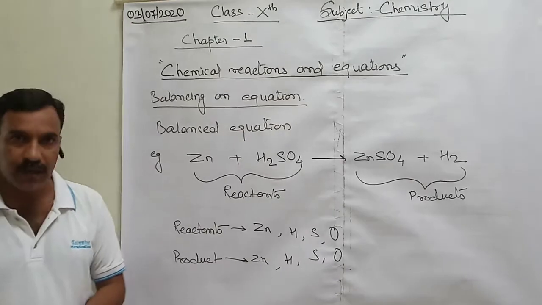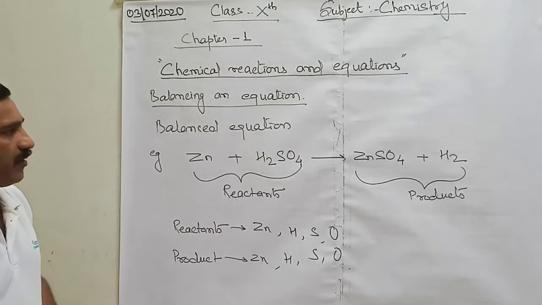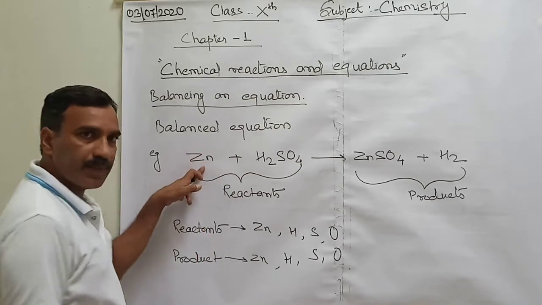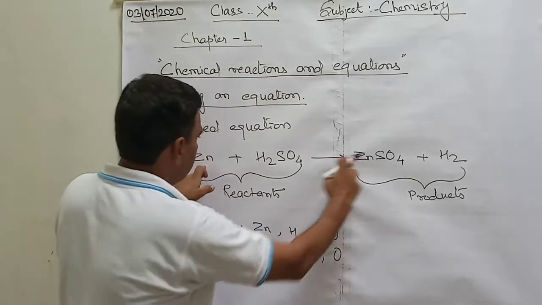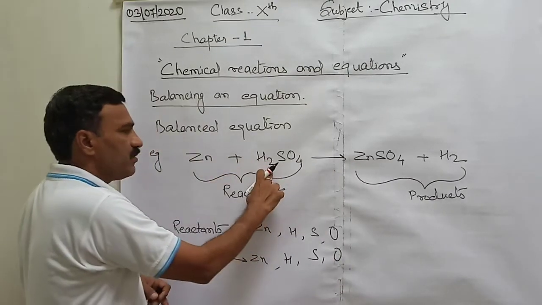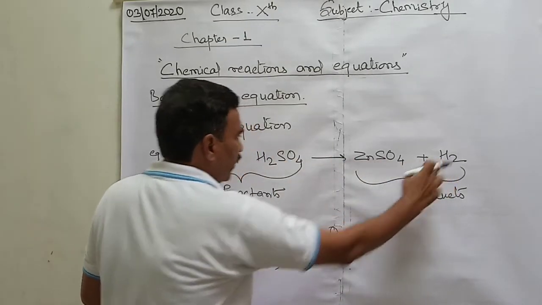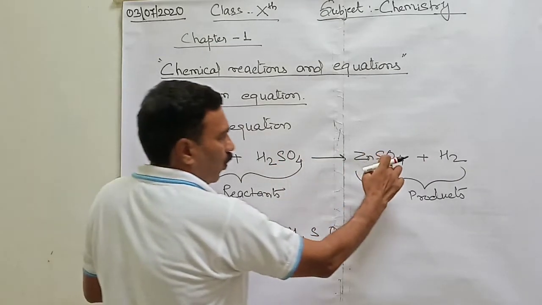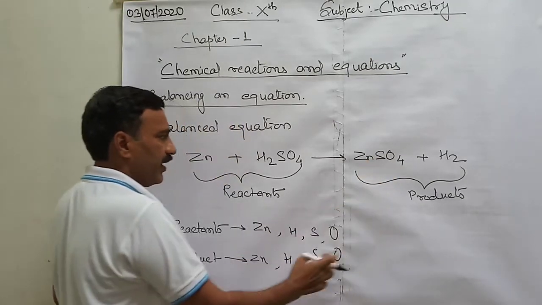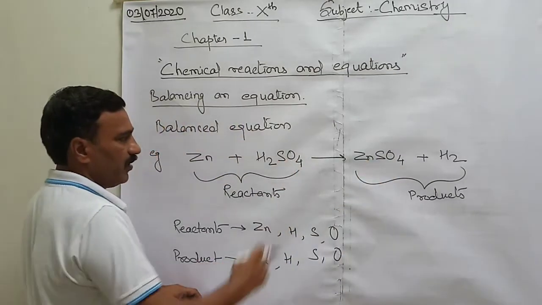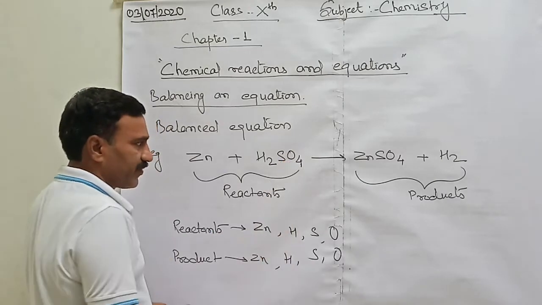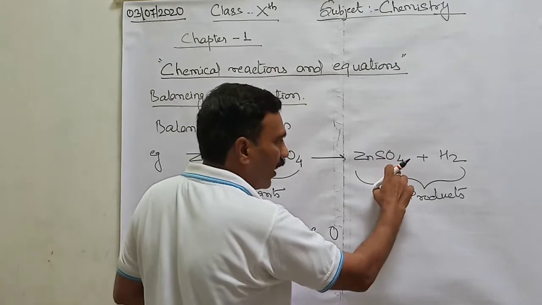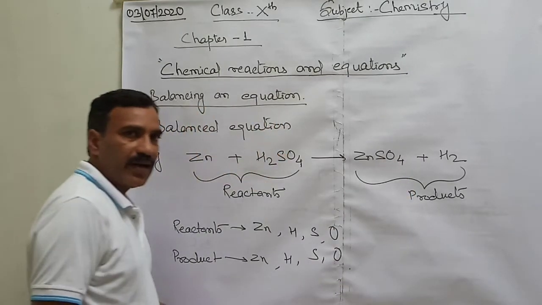Now come to the number of atoms on both sides. The number of zinc atoms here is 1, here also 1. Hydrogen 2 atoms, here also 2 atoms. Sulfur 1 atom on the reactant side, 1 atom also on the product side, and the same for oxygen. 4 atoms of oxygen on the reactant side, and also 4 atoms on the product side.